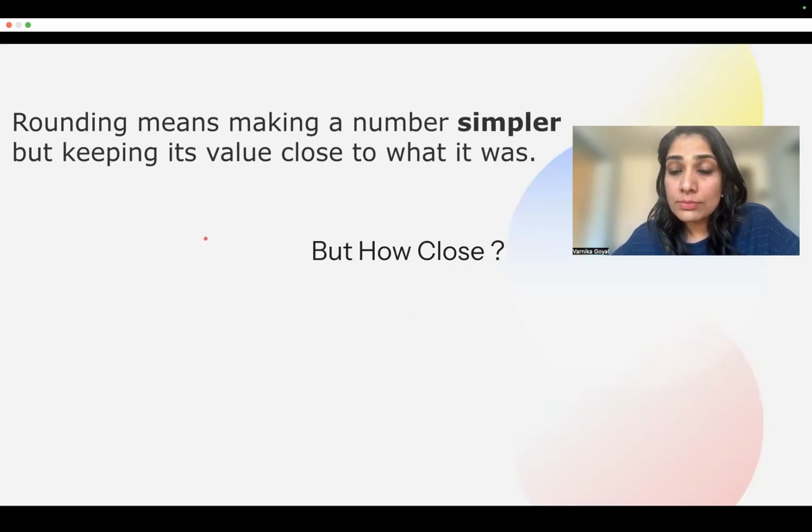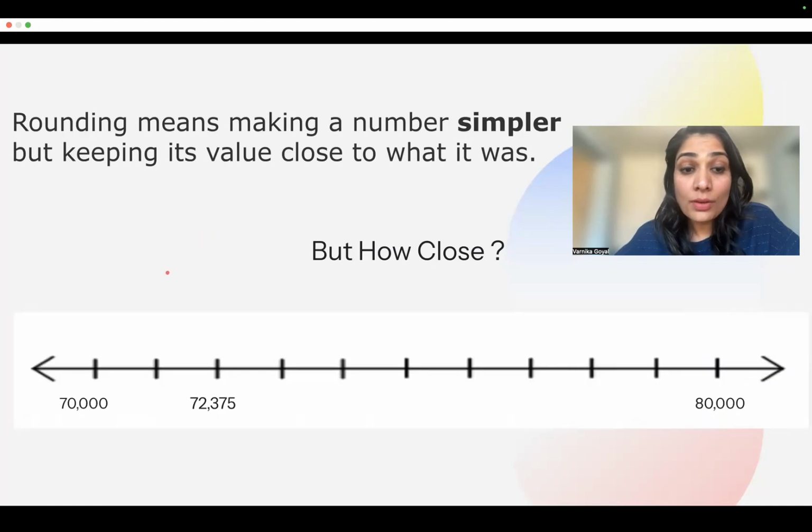What about if I want to know in terms of 10,000s? I have a number 72,375, right? Now, if I want to know 10,000, I want to know whether it is 70,000 or whether it is 80,000.